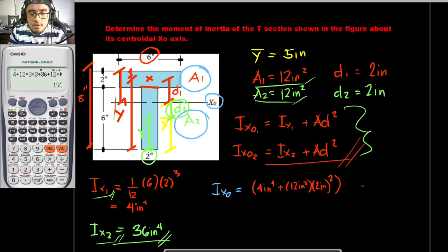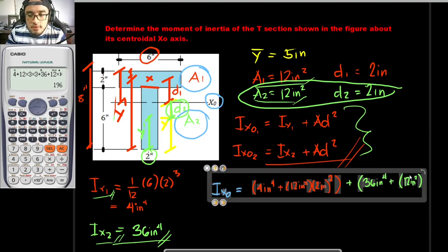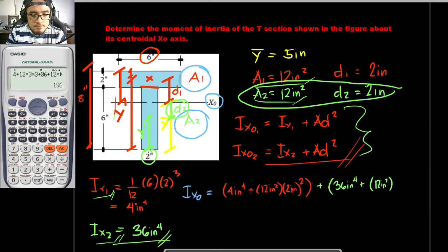So for the second area, we would be adding here the moment of inertia of the second area, which is 36 inches raised to 4 plus, so what would be the transfer formula? It would be this one right here. So that is to be 12 inches squared times 2 inches squared.